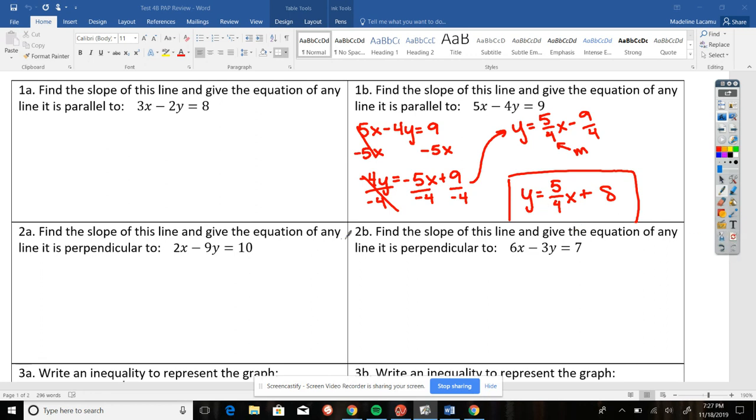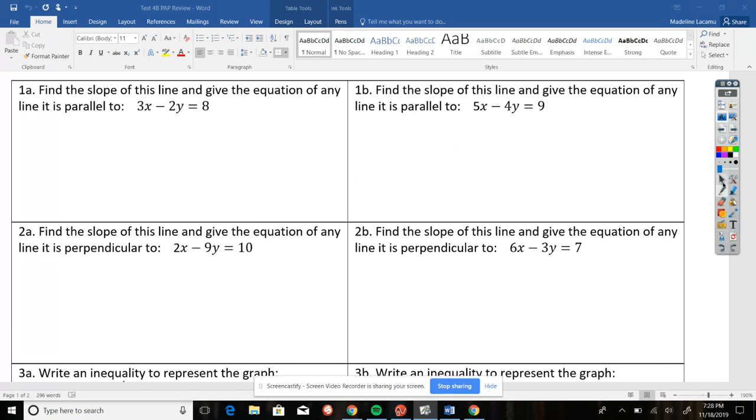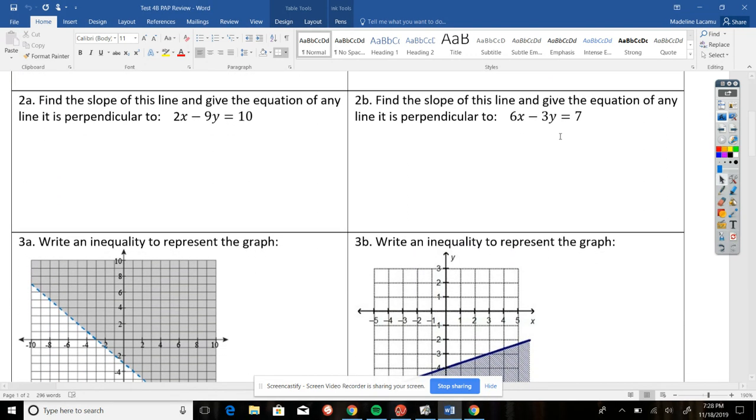Now this next one wants the slope of a line, and then any line it is perpendicular to. So for 2B, first we have to figure out what our slope is. So it's going to be the same thing as the last one. We have to solve for y. So I subtract 6x from both sides.